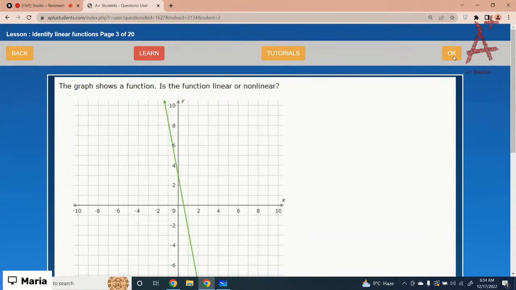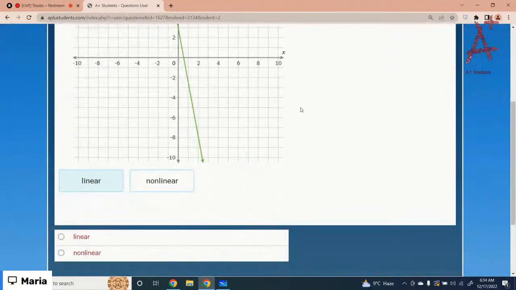Okay, the graph shows a function. Is the function linear or non-linear? It is the linear function. Got it? Because the graph is a straight line, and linear functions always have a straight line.